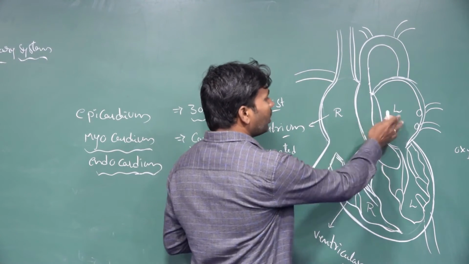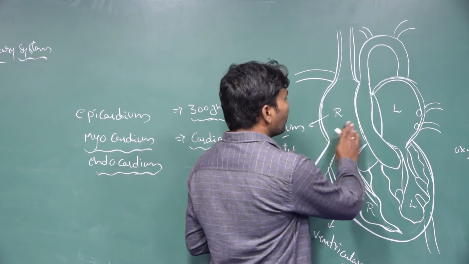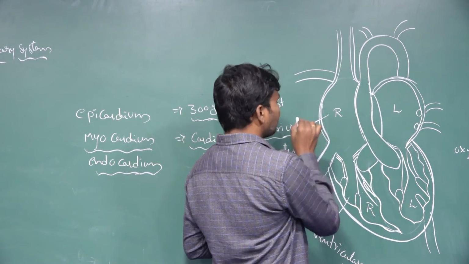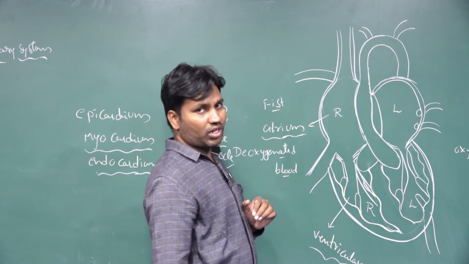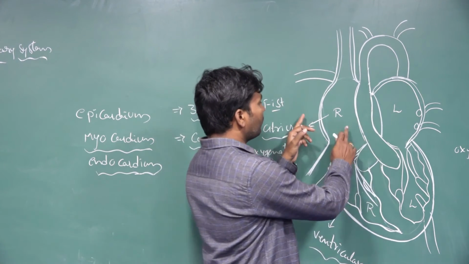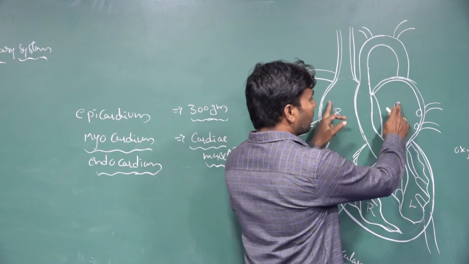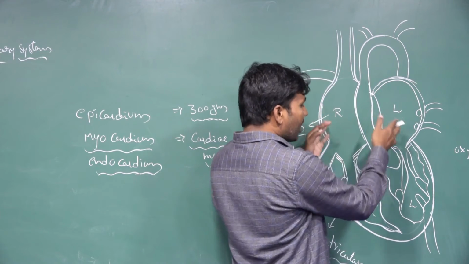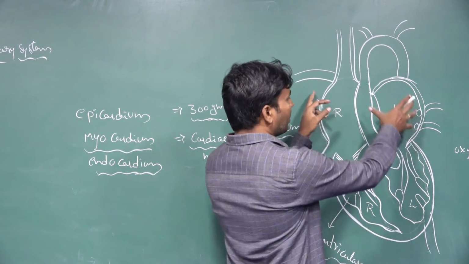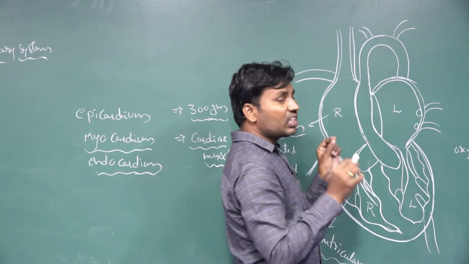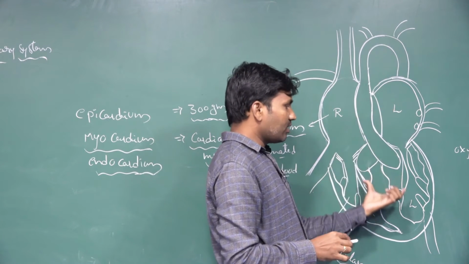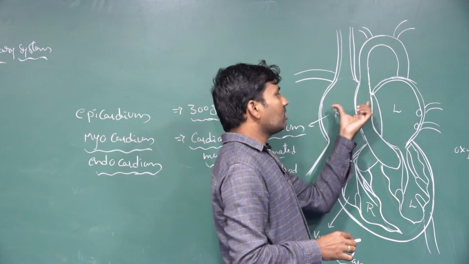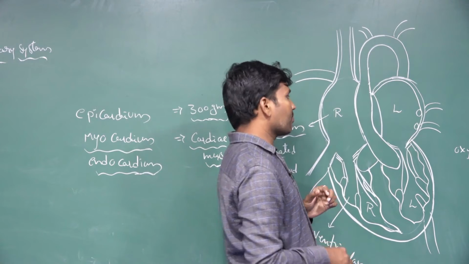Now the internal structures. The upper two chambers are the atrial chambers, the atria, and the lower two chambers are the ventricular chambers. First, the upper two chambers and their walls. Compared to the ventricular chambers, the atrial chambers are smaller and their walls are thinner.